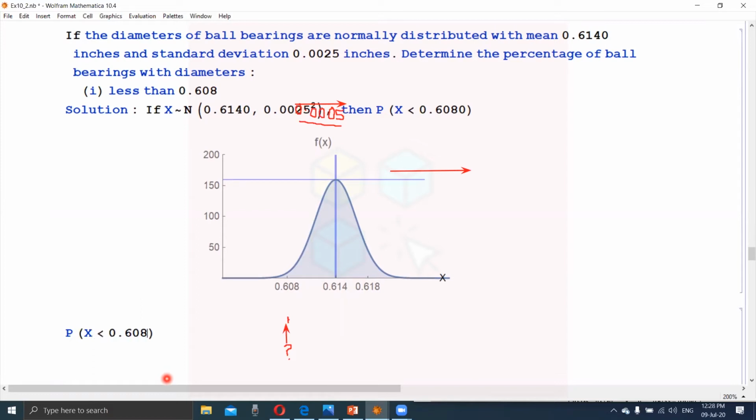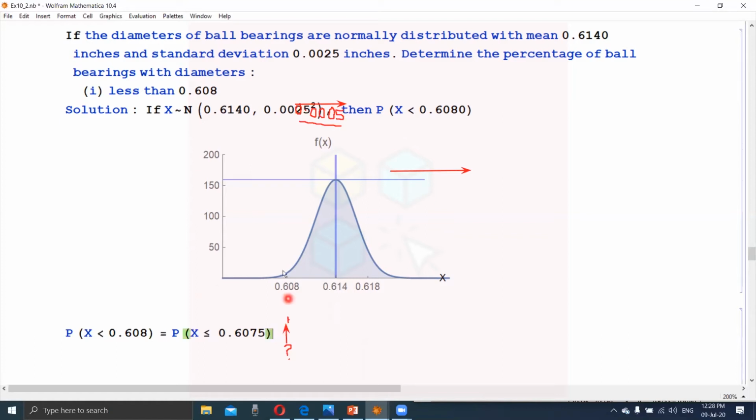Probability X, capital X, less than or equal to 0.608, as mentioned in the statement. Now I am replacing the less than sign with less than or equal to, in which the point mentioned here should be included in the shaded area. So 0.608 minus 0.0005 gives 0.6075.